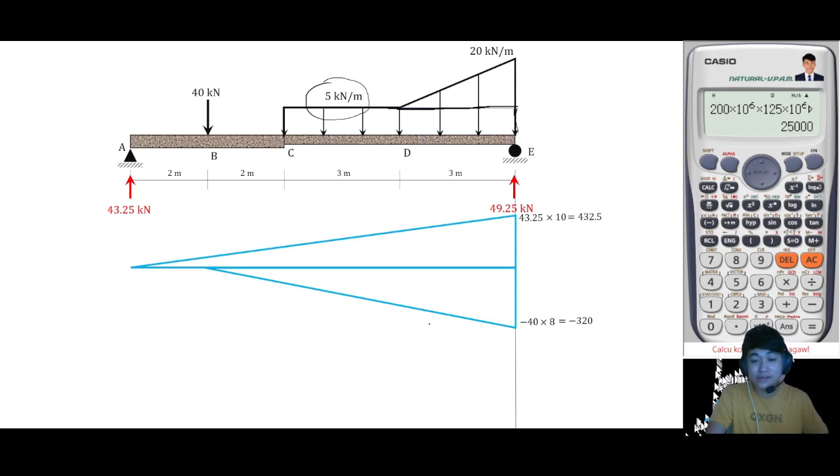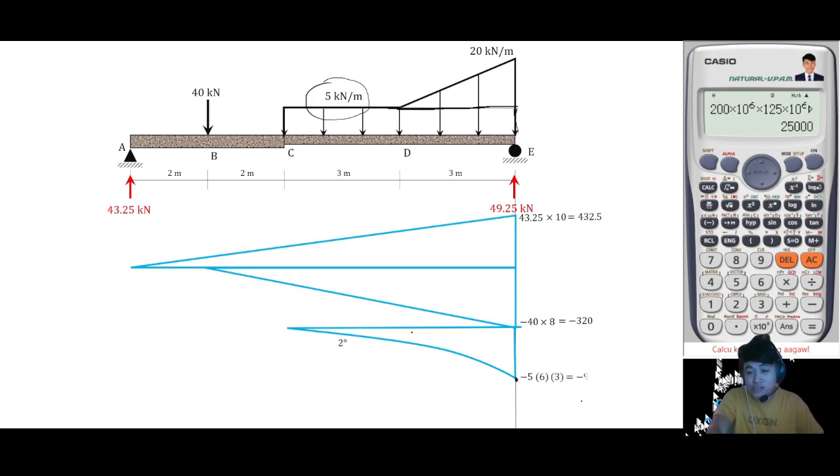Okay, negative. So a negative second degree spandrel. What will be the magnitude here? For the magnitude, just take the moment of this 5 kilonewton per meter to your point E. So 5 times 6 times the distance of 3 meters, that is equal to negative 90.